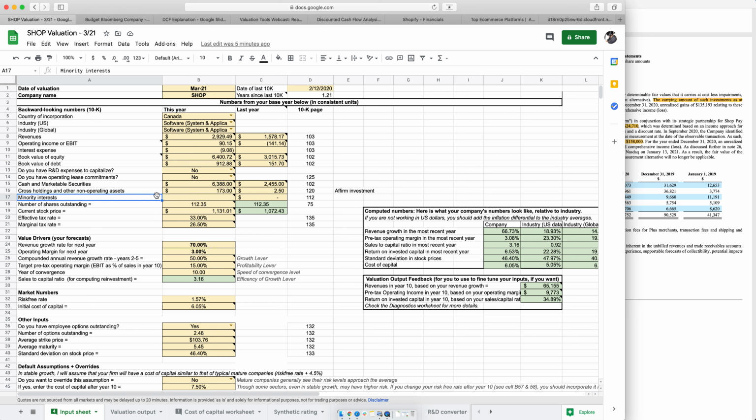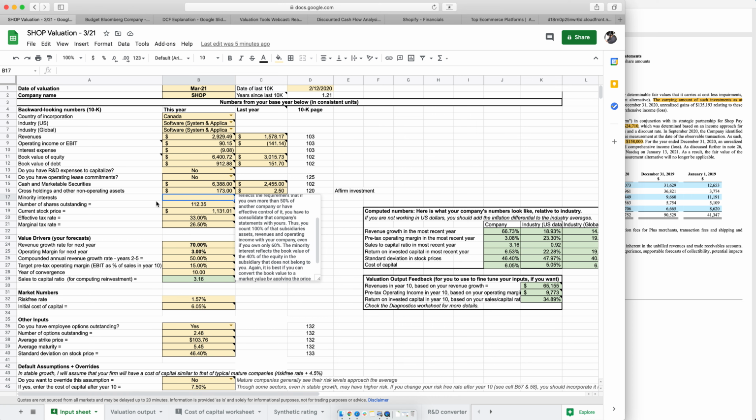But of course, if you only own, say, 60% of the company and 40% is owned by other people, you need a way to take that off, given that you don't own the full percentage. The minority interest reflects the book value of the 40% of the equity that does not belong to you. So this is a place for you to write that out, and we can subtract it out later.